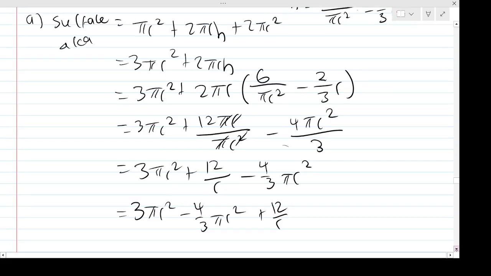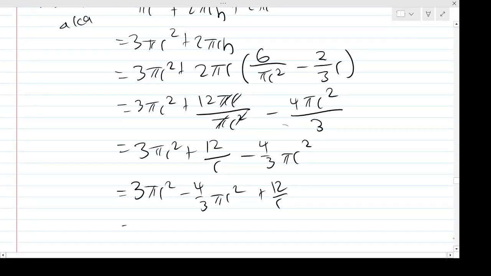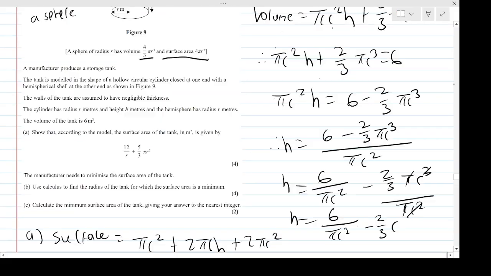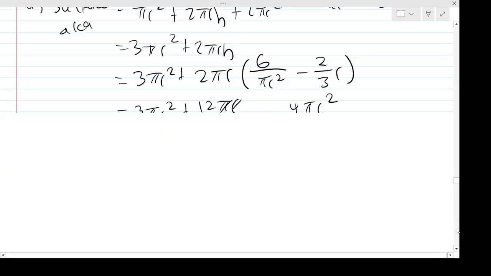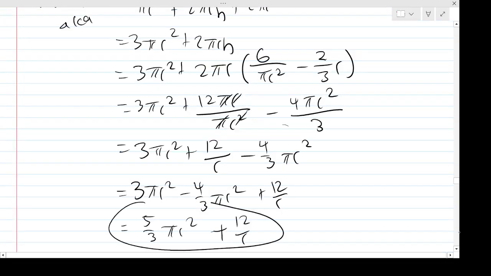I can add these first two terms together. So 3 pi minus 4/3 pi is 5/3 pi r squared plus 12 over r. How does that compare? Yes, cool, that is the formula we want. It's 12 over r, add 5 over 3 pi r squared. And that's what we got.